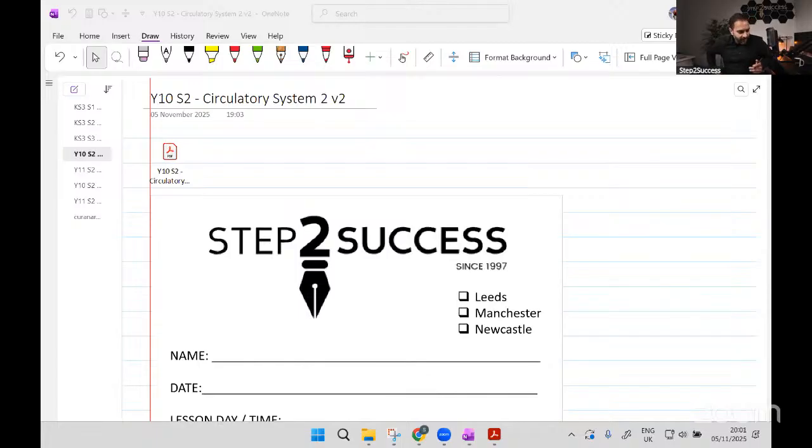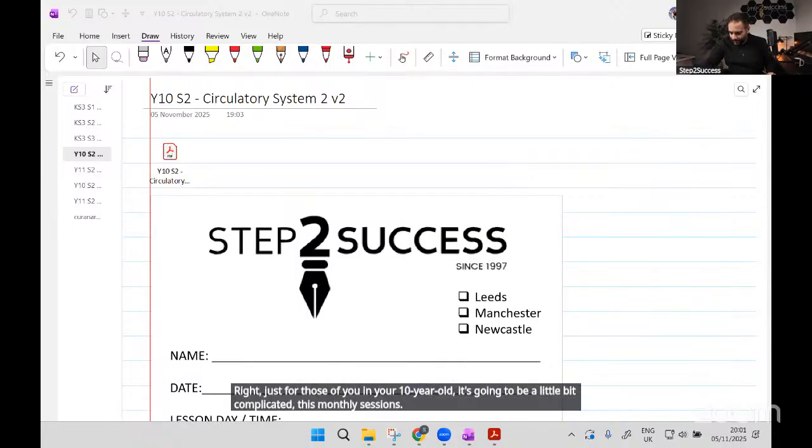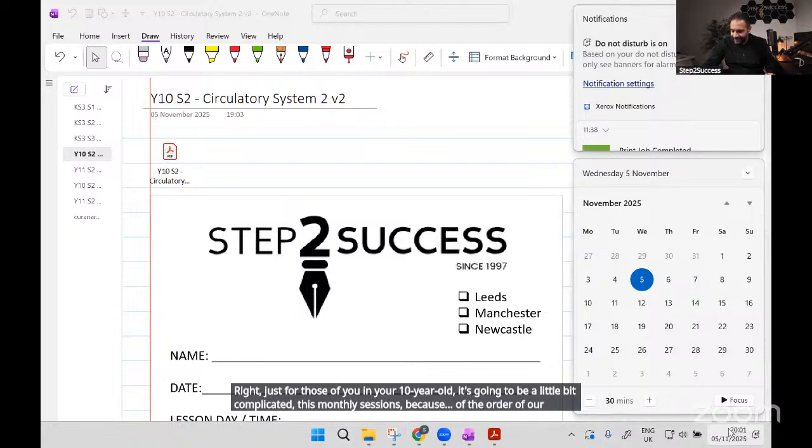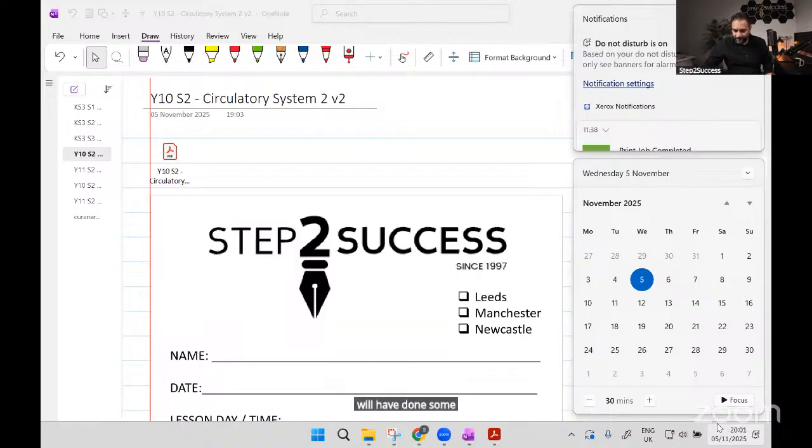Right, just for those of you in year 10 and year 11, it's going to be a little bit complicated this month, these sessions, because of the order of our lessons. So, for example, today, some of you who attend on a Friday, or Thursday, or Wednesday, will have done some maths in your last lesson, and I have that ready.